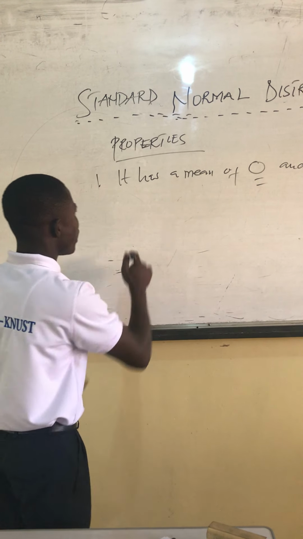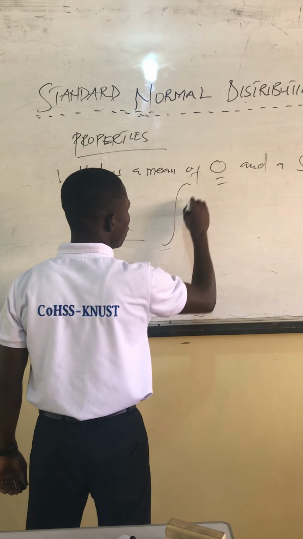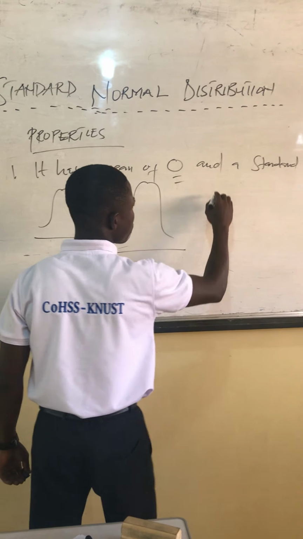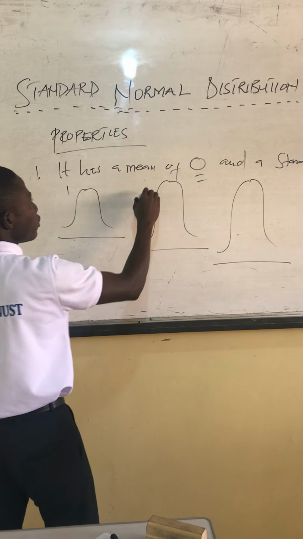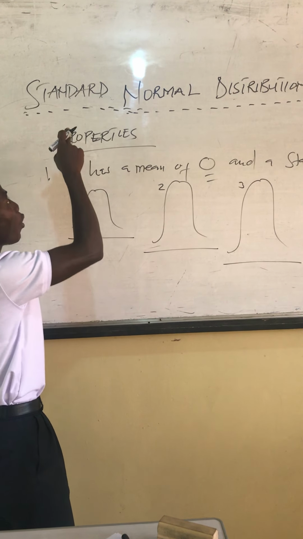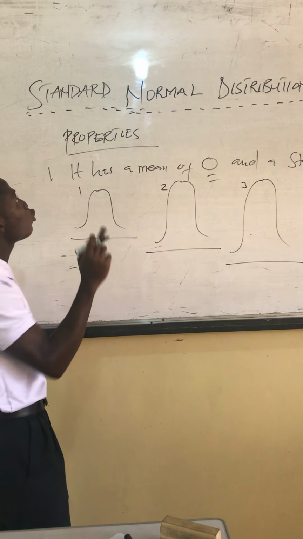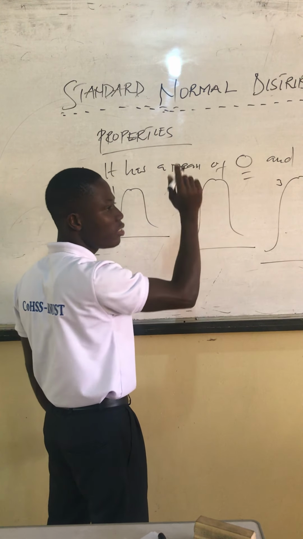So under here, we can have about 3 distributions like this. We have distribution 1, 2, 3. But with respect to the standard normal distribution, it's saying that it has a mean of 0.